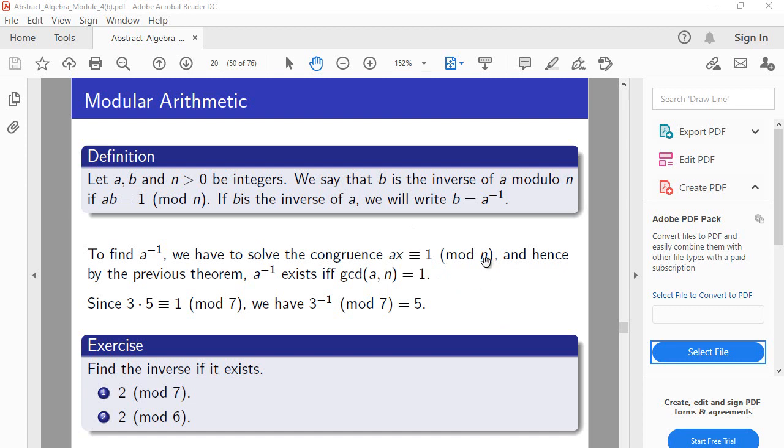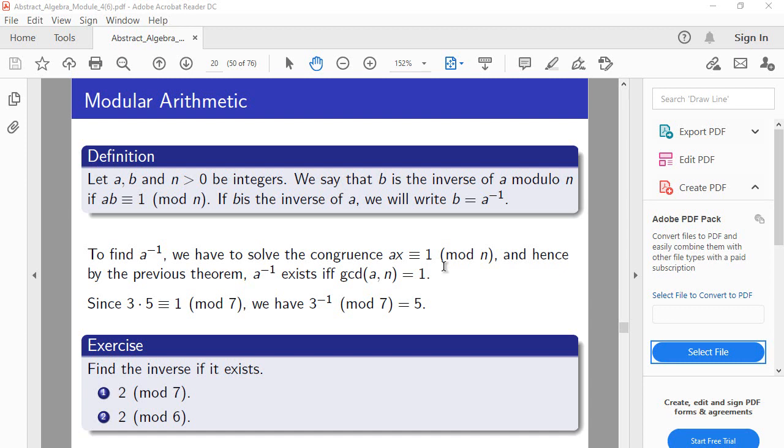Now if the modulus n is big, then I suggest that we use the extended Euclidean algorithm to solve this linear congruence as we did in the previous video.